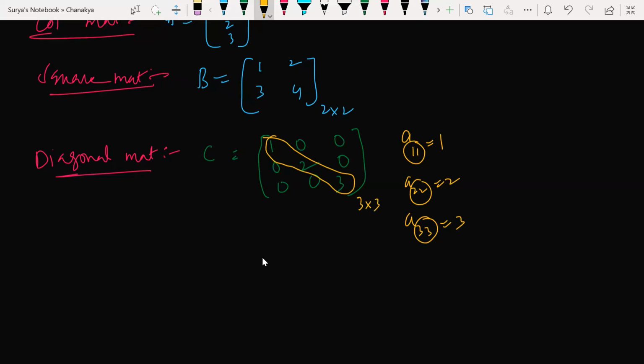What is the order of this matrix? 3 by 3. Very simple. Now, if I talk about a scalar matrix, let's say I have an A matrix.